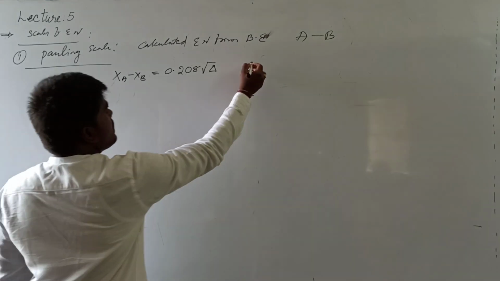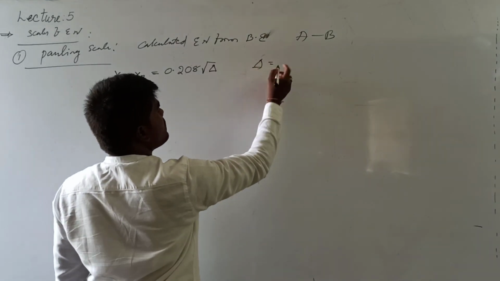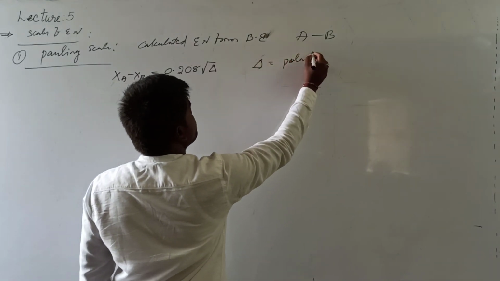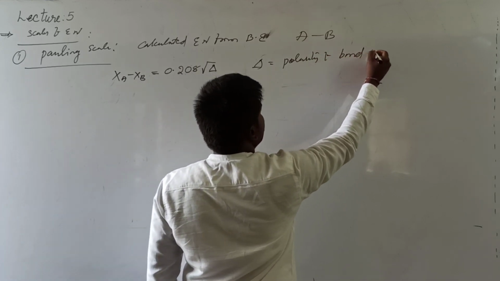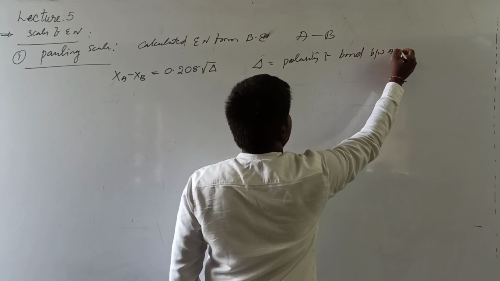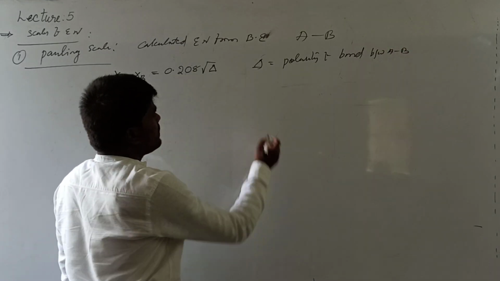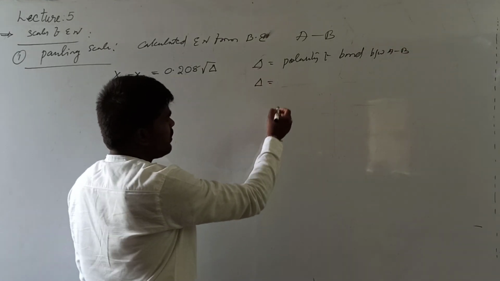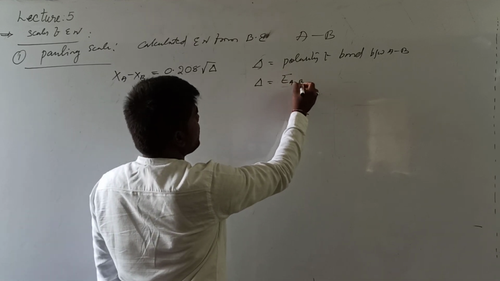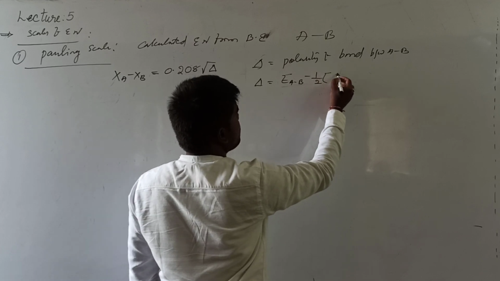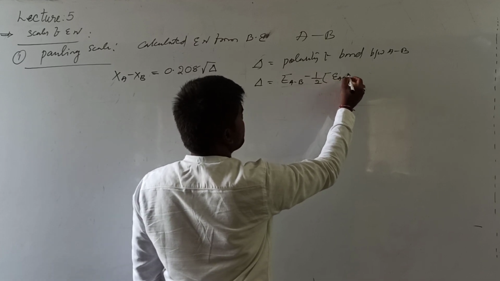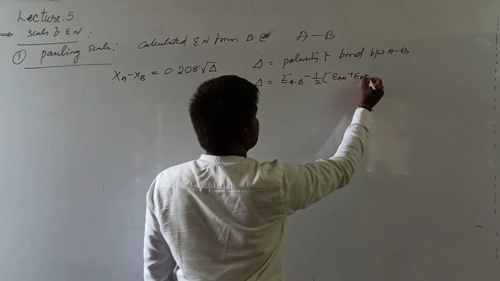Here, delta is the polarity of the bond between A and B. Delta is generally given in the form of E AB minus 1/2 of E AA plus E BB.